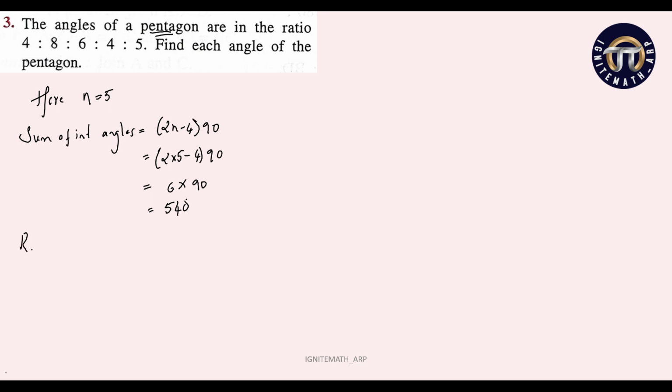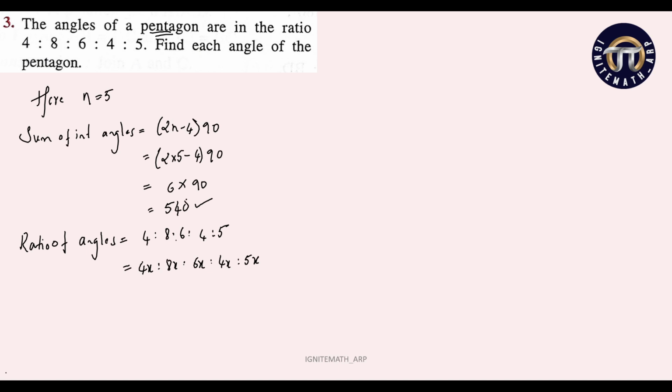So ratio of the angles is given to you. Ratio of angles is equal to 4 is to 8 is to 6 is to 4 is to 5. So I can write this one as 4x is to 8x is to 6x is to 4x is to 5x. So when I add all these angles, I will get it as 540 degree.